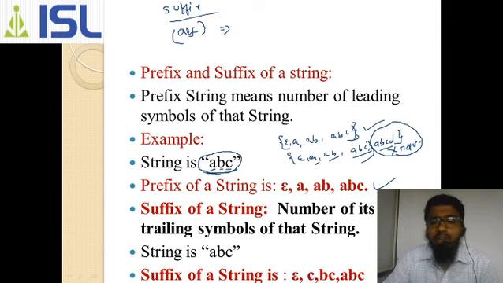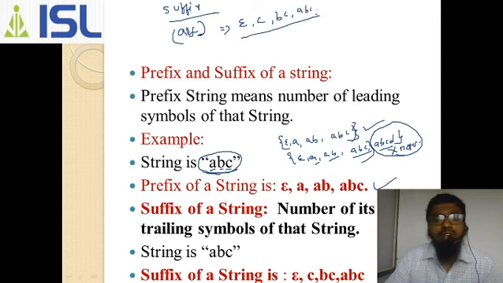So we can write epsilon, comma, and you need to come from the last. First we will write C, then BC, then ABC. So this is a suffix.